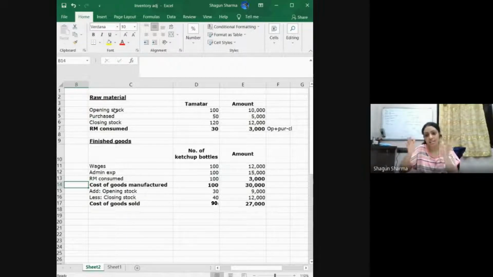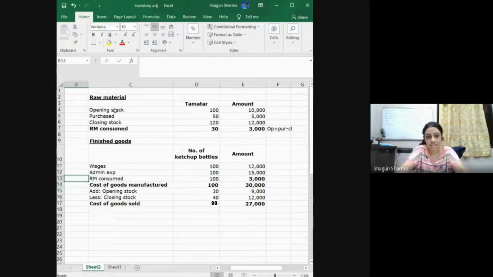And after that, some more bottles were still left with me, which became my closing stock of the year. So essentially, when we are finding out the cost to compare with my sales, I have to add the cost of my opening stock because that is getting sold, and I have to remove the cost of my closing stock because that is not getting sold.